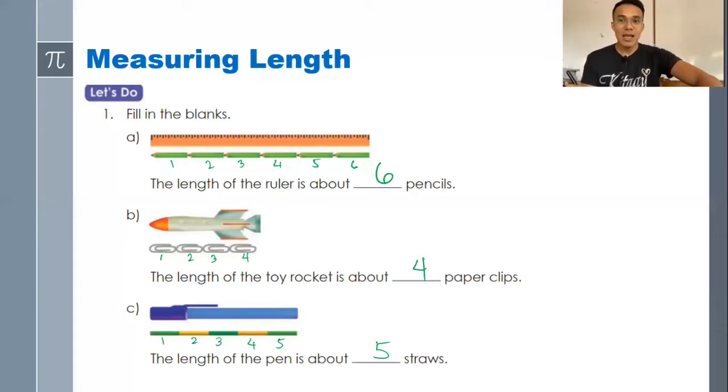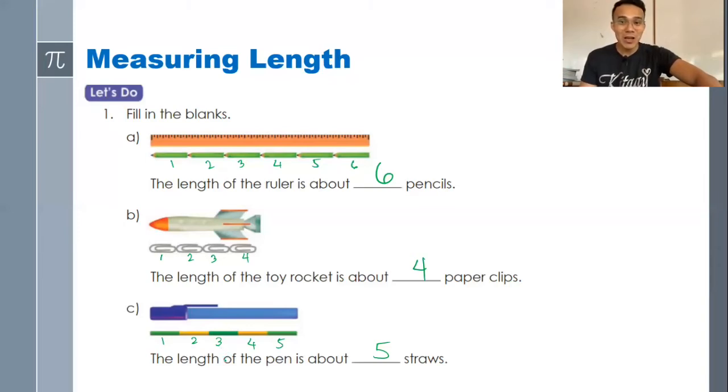Okay? And then grade 1, the length of an object changes depending on what object you use in measuring its length. For example, in letter C, if we're going to use straws, there are about 5 straws. What about if we are going to use paper clips?